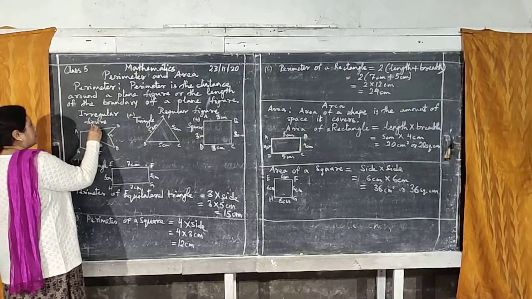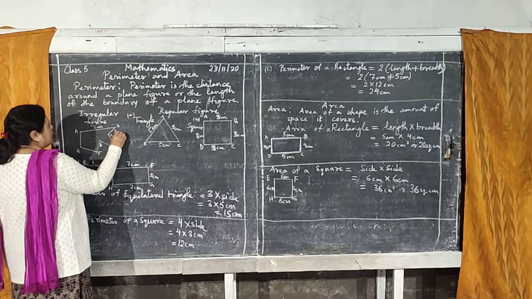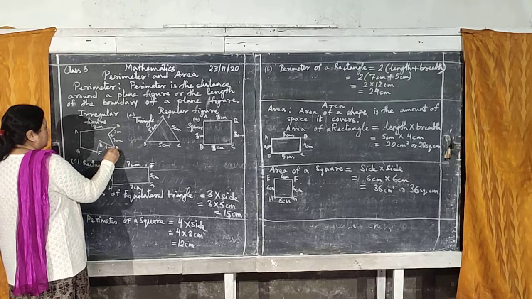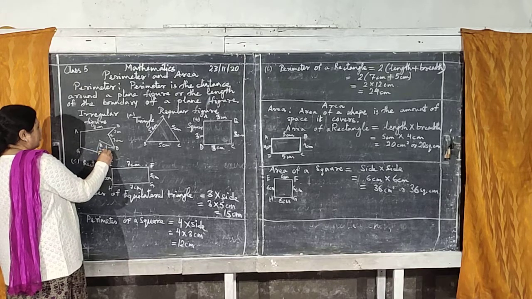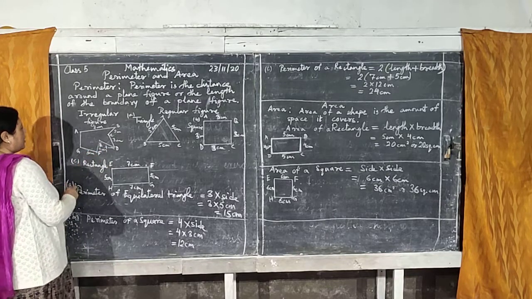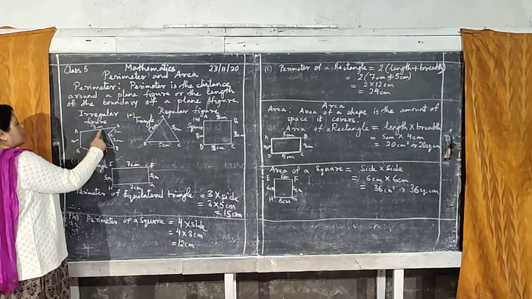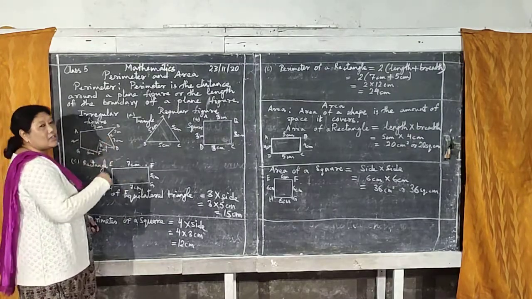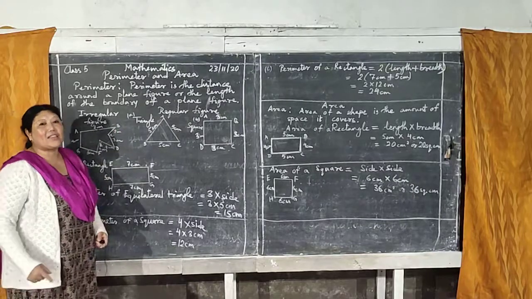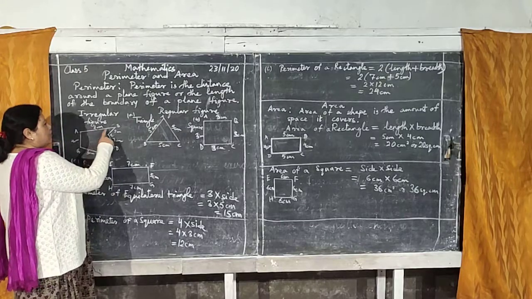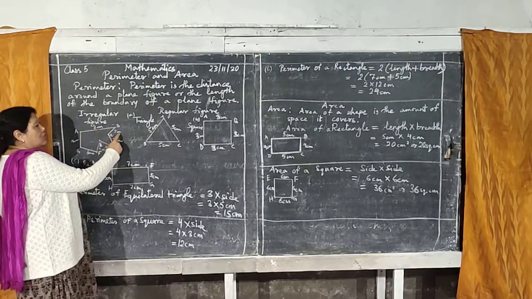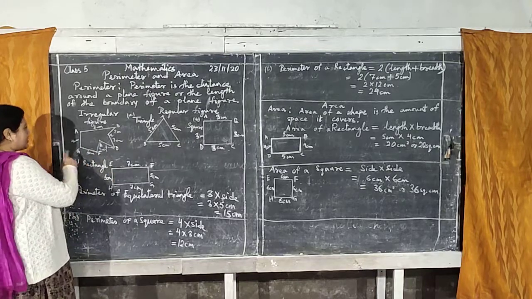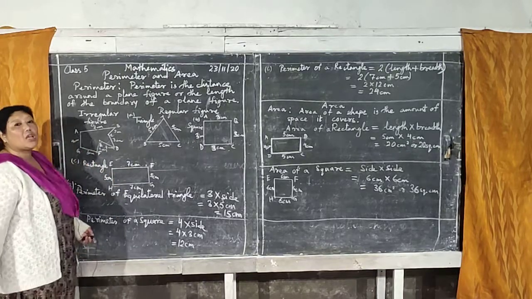If this side is 7 centimeter, this one is 2 centimeter, then 3 centimeter, 4 centimeter, again 3 centimeter, 5 centimeter, and here 4 centimeter, you just have to add the lengths of all these line segments. 7 plus 2, 9; 9 plus 3, 12; 12 plus 4, 16; 16 plus 3, 19; 19 plus 5, 24; 24 plus 4, 28.